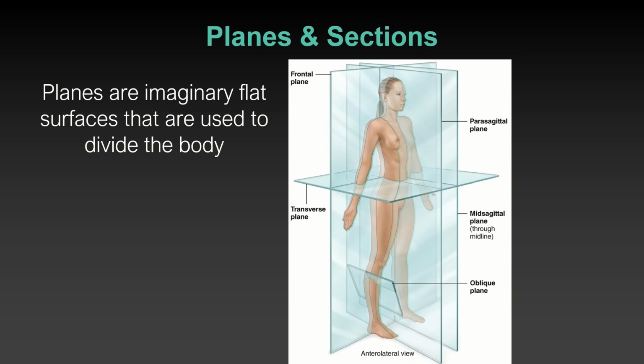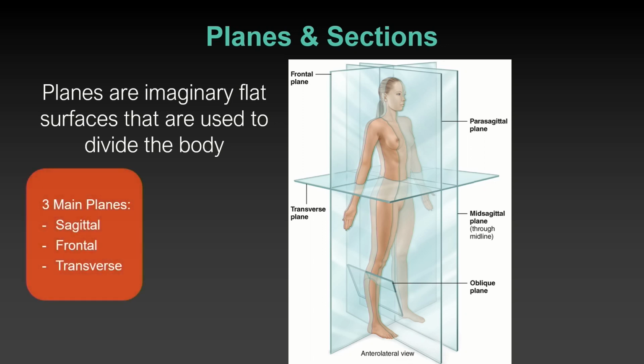And depending on where we divide the body, well, we obviously look at different internal structures, but we're using a slightly different plane. And the three main planes that you will use or invoke in this class are the sagittal plane, the frontal plane, and the transverse plane. So what are each of these?